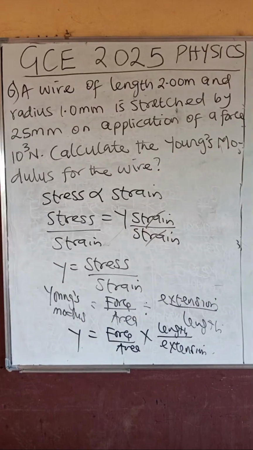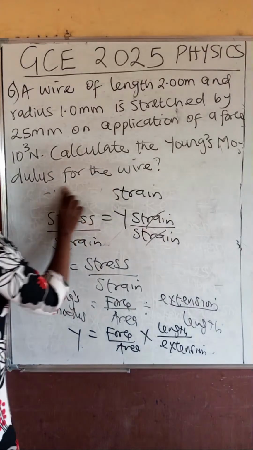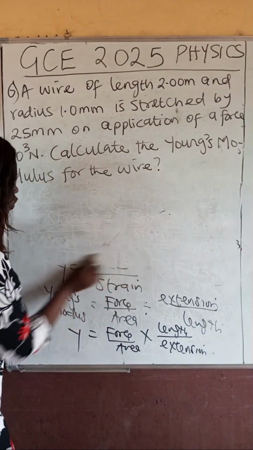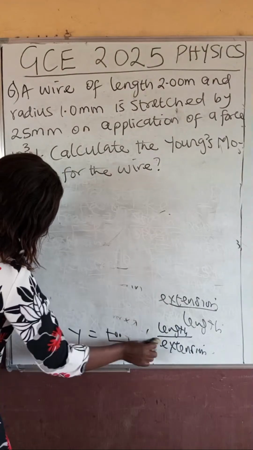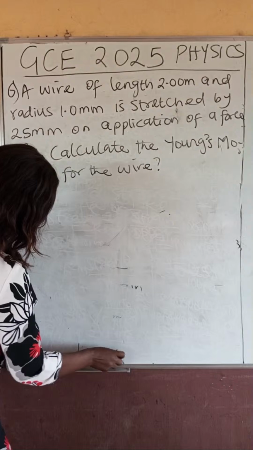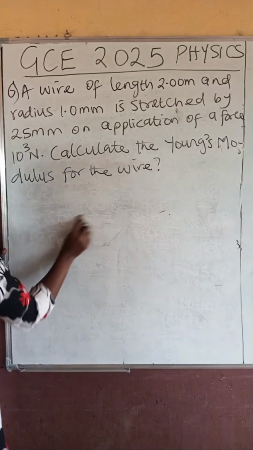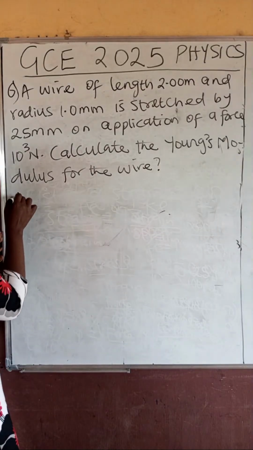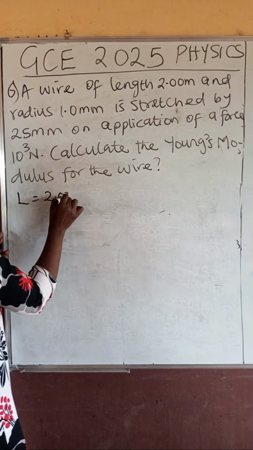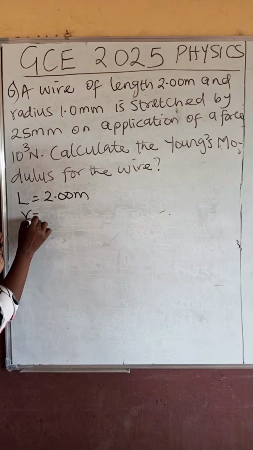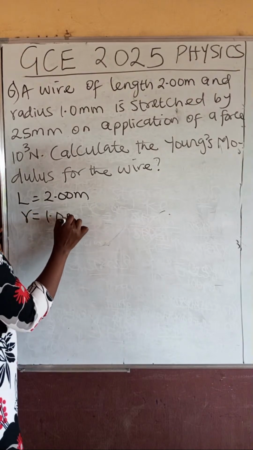So let's proceed and solve our problem. I just explained the theory behind what we are doing, so let's solve the question right now. A wire of length 2 meters: the length is 2.00 meters and radius is 1.0 millimeter.